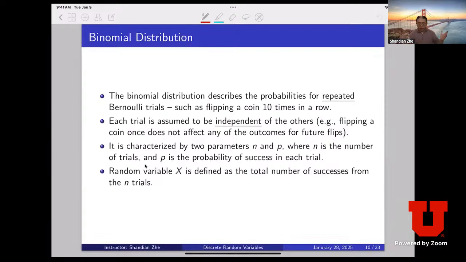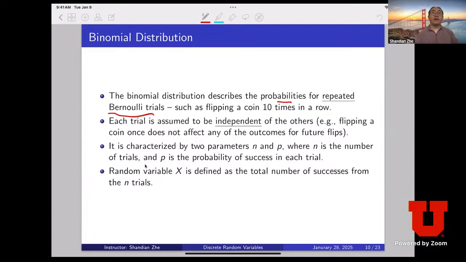So the formal definition is as follows. The binomial distribution describes the probabilities for repeated Bernoulli trials, such as flipping a coin 10 times in a row. And the key assumption here is that each trial is independent of the others. The result for one trial has nothing to do with the result for another trial.